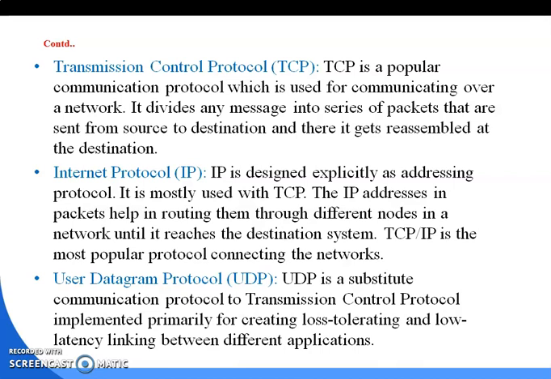If the receiver sends a positive acknowledgement, that means the receiver is ready, and then the sender sends the data. So the first request from the sender to the receiver is the first handshake. Second, the acknowledgement coming from the receiver to the sender is the second handshake. Then the data is transmitted from the sender to the receiver. This is the three-way handshake.